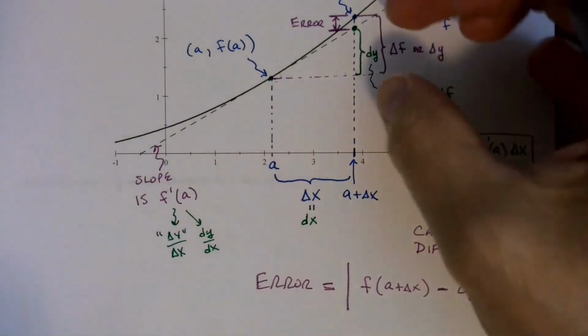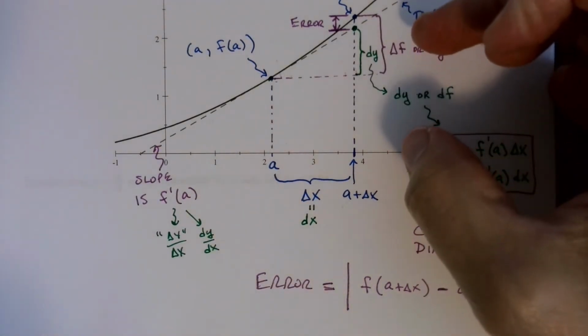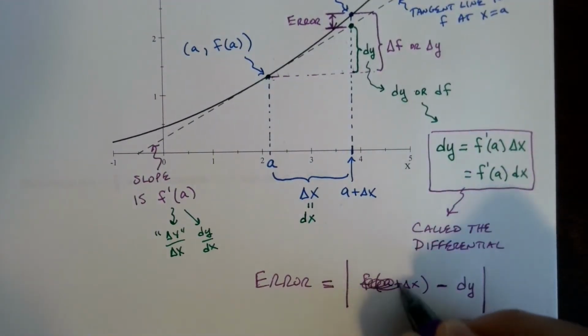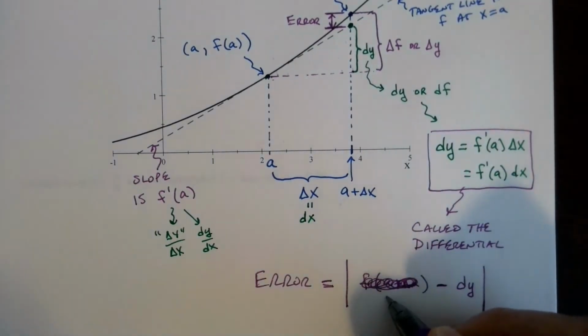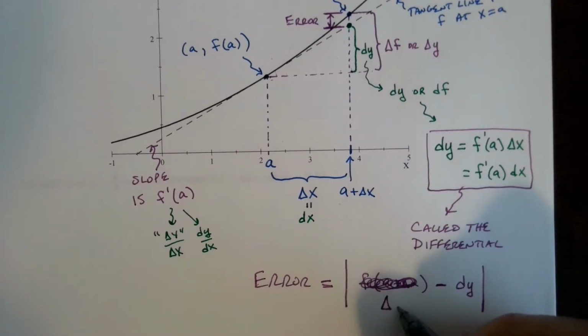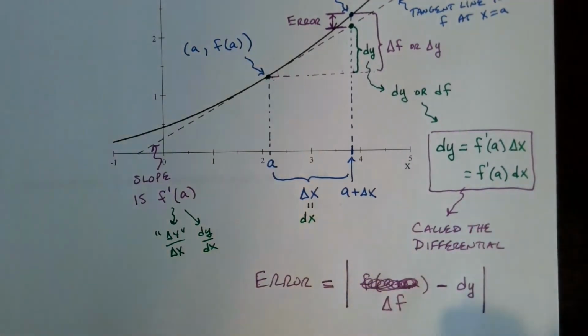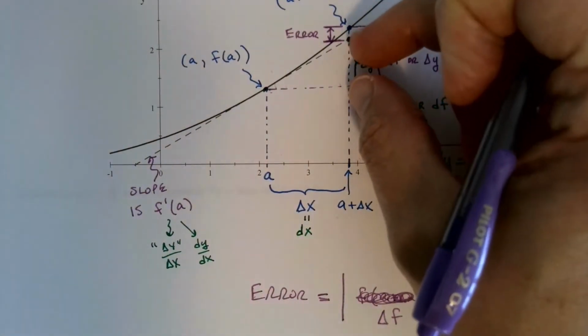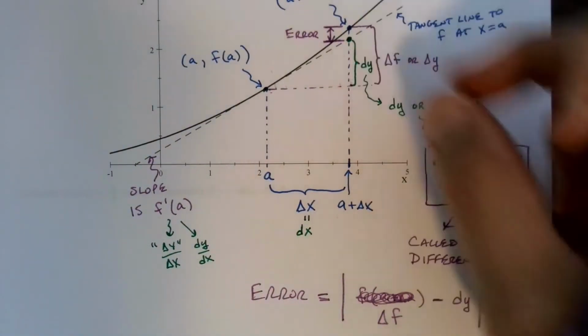Sorry, this should not be f plus delta x. This should be change in f. I'm sorry, my notes are all messed up. This should be change in f or change in y, the actual change that we're looking at versus the approximation, the linear approximation.